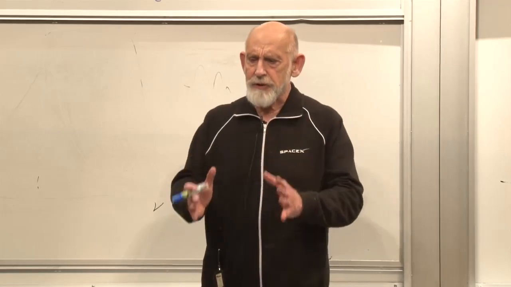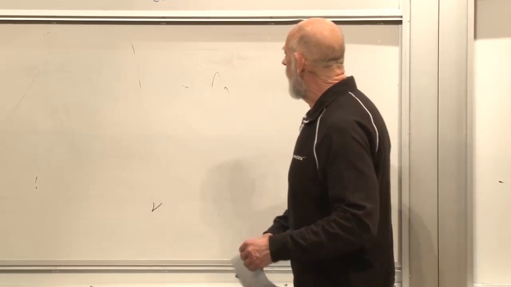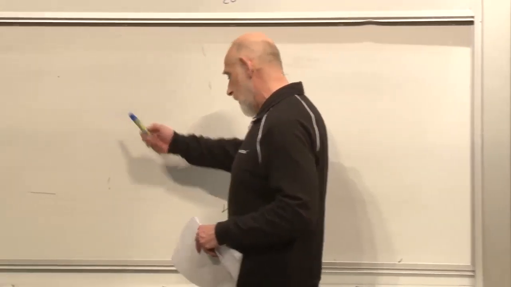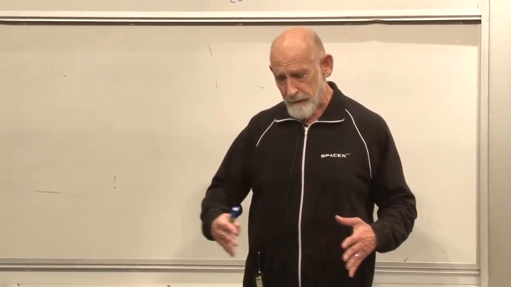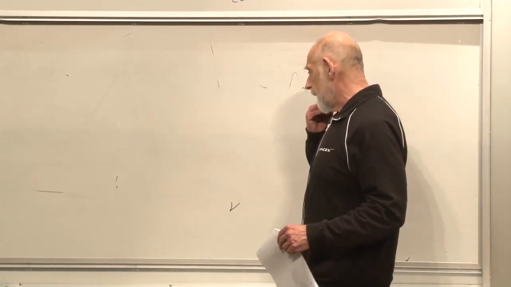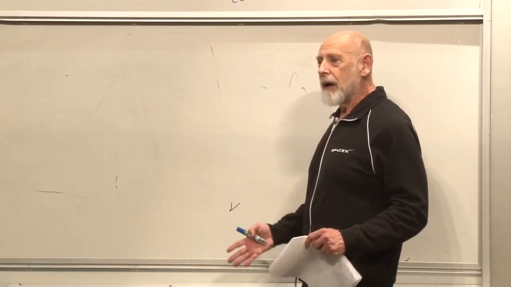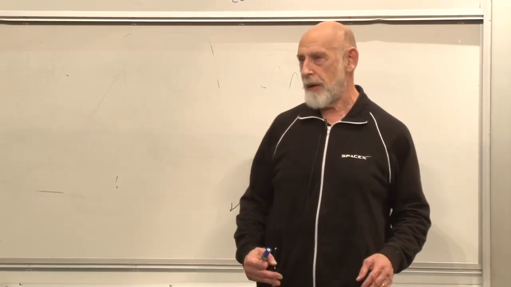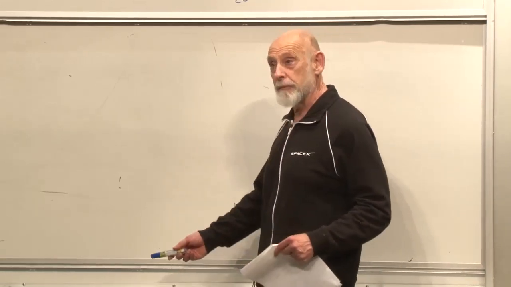Well, as long as the process is happening slowly enough, it will stay in thermal equilibrium. And if it stays in thermal equilibrium, the curve will be the right curve. If the expansion takes place a little faster, then there will be a kind of bump at the 13.5 electron volts. But as long as it happens slowly, the balance will maintain itself, and the population will conform to the thermal equilibrium.